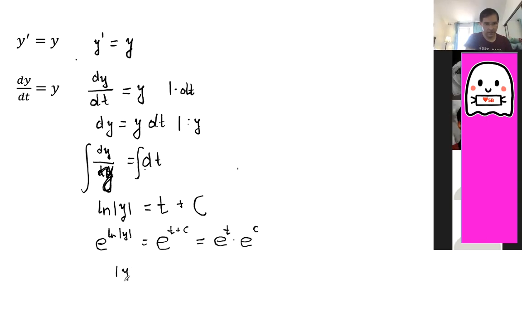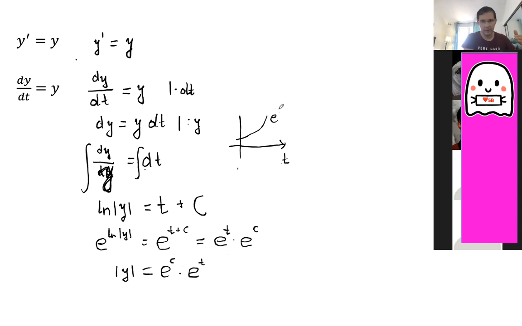So the absolute value of y is equal to e to the c times e to the t. Notice one thing, everything made perfect sense, because the right-hand side is the exponential function e to the t. This is the t-axis, and the function e to the t looks like this.